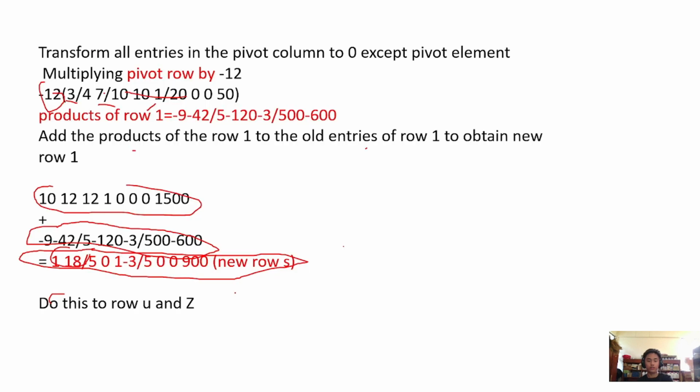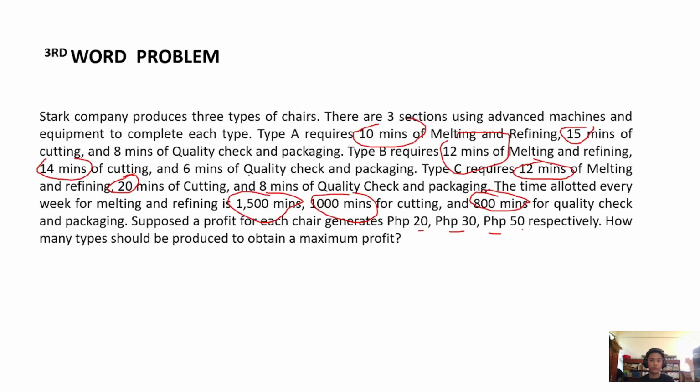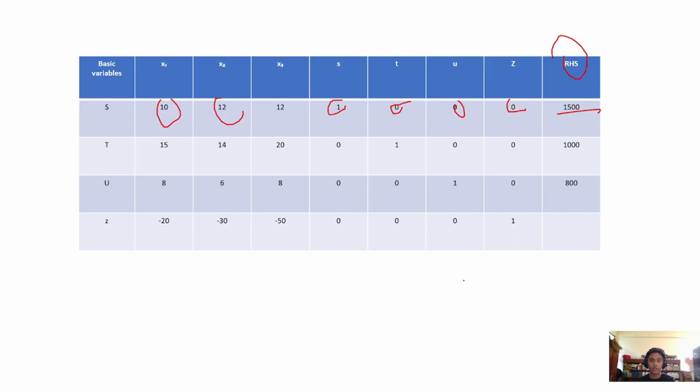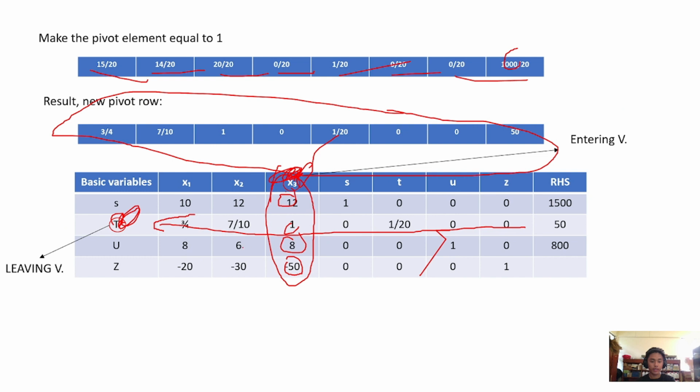Ito yun. So, ang ask kanina, how many times did you produce? Ito po, na-maximize na po natin yung ano. Once wala na yung negative sa pinakababa, so kanina may negative pa yung tatlo.